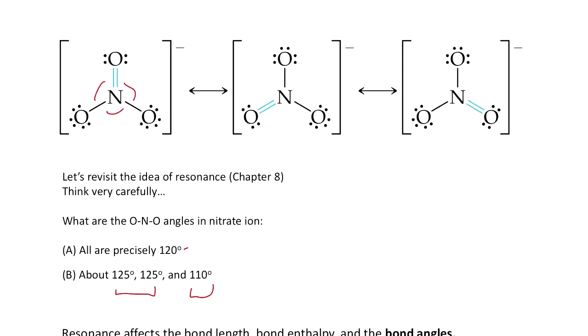What do we think? So take a second, think about it, and talk to someone next to you about what you think it's going to be. A, all of them are the same bond angle, or B, are we going to have 2 big bond angles and 1 small bond angle because of that double bond? What do we think?